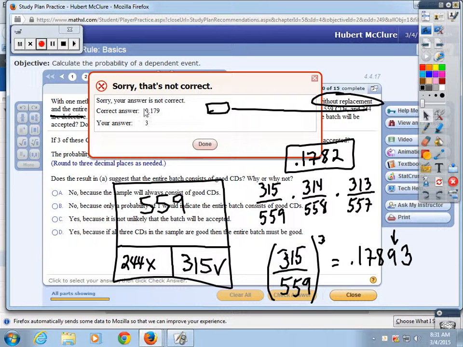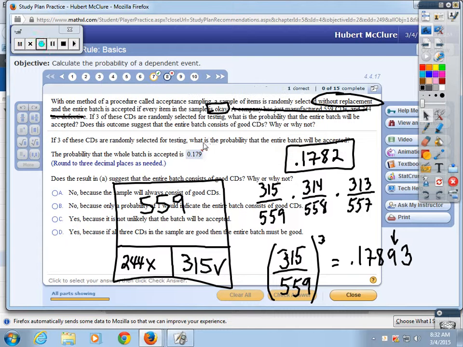What they usually say is the correct answer is 0.1779, plus or minus 0.0001 or something like that. Oh well.